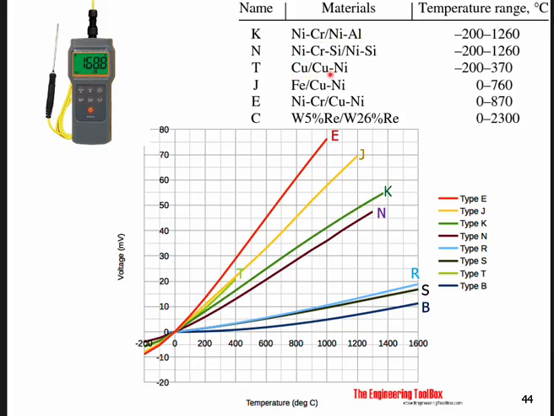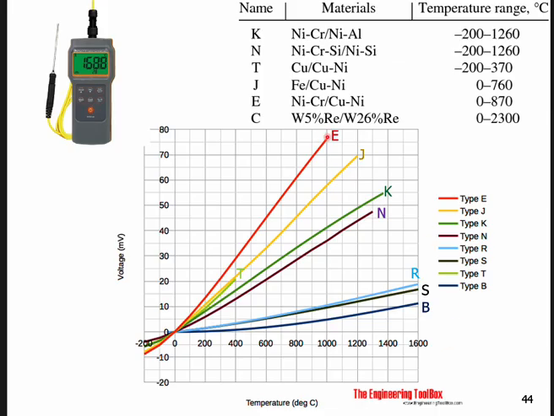This is copper, nickel, and the suggested measurement temperature range also varies. And I also grabbed the figures, where the vertical axis is the voltage measured for this thermocouple, and the horizontal axis is the temperature window, or different temperatures.